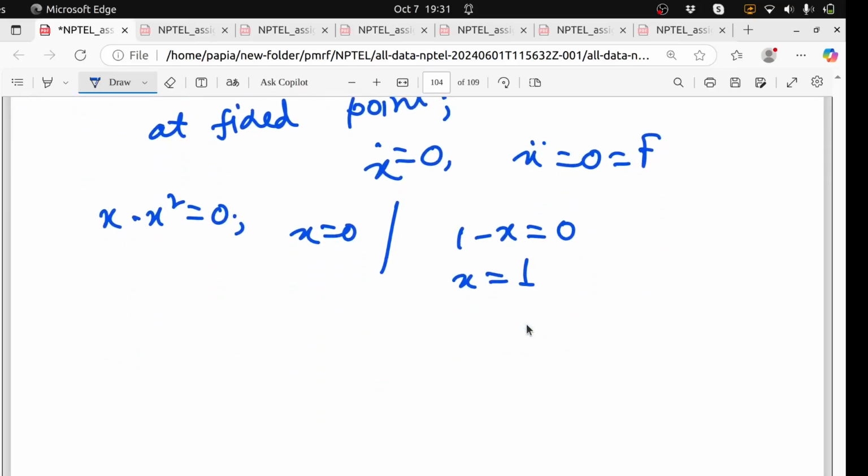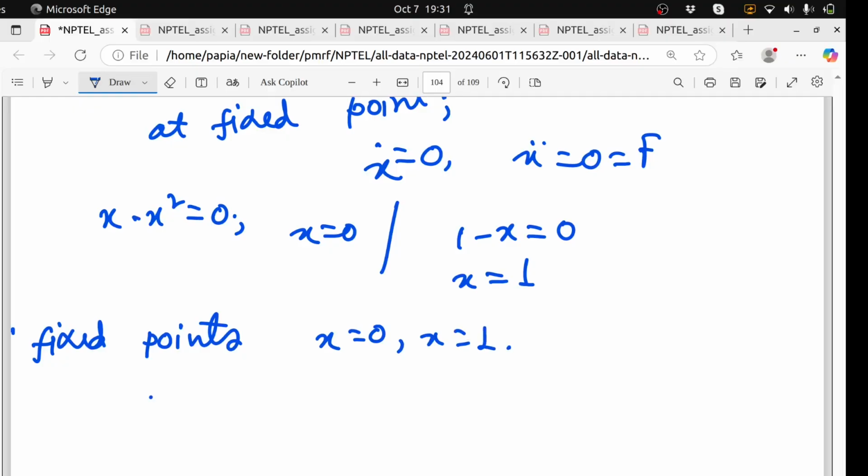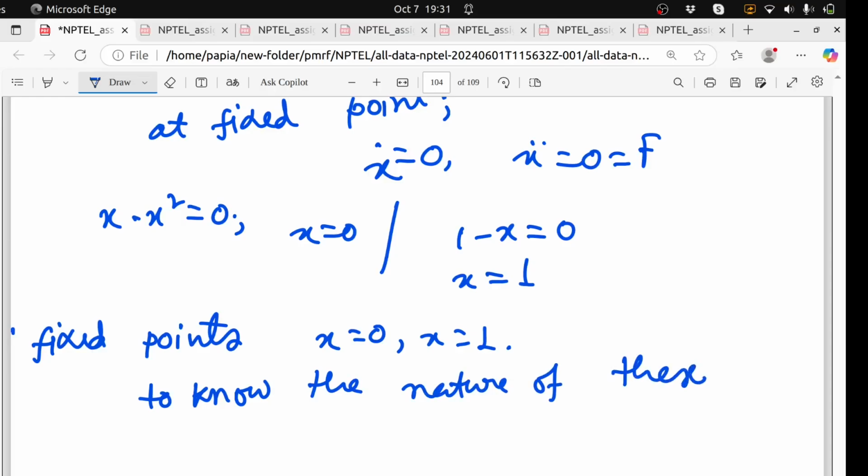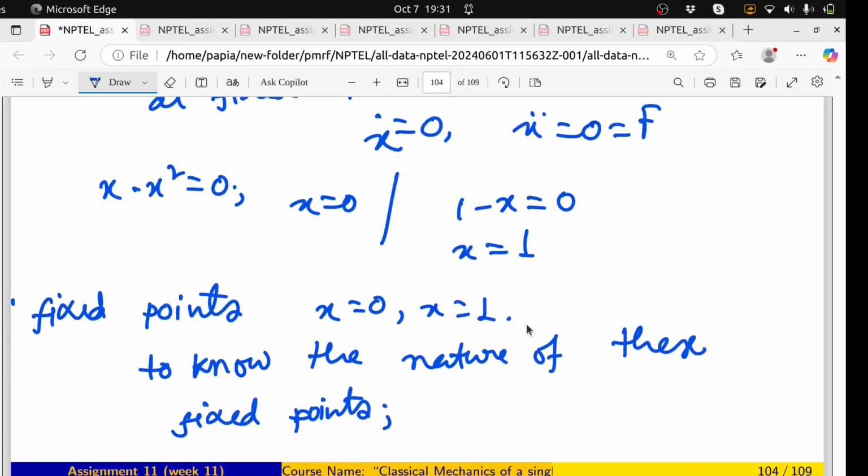So I can have two fixed points, x equals 0 and x equals 1. Now what is the nature? To find the nature, what do I need to do?